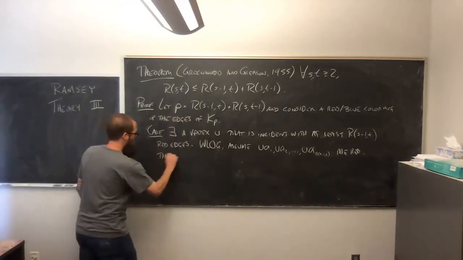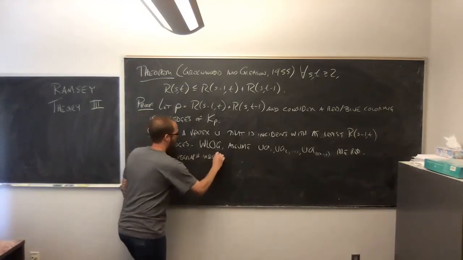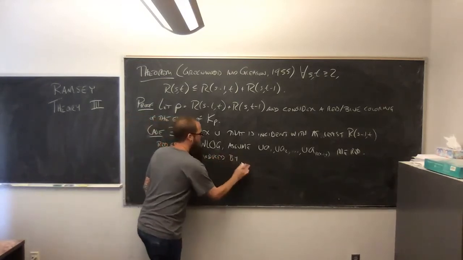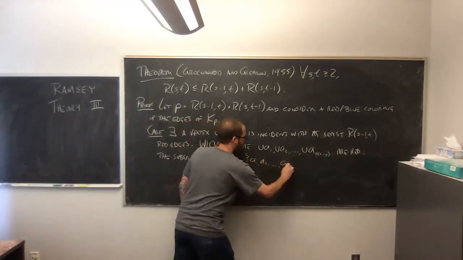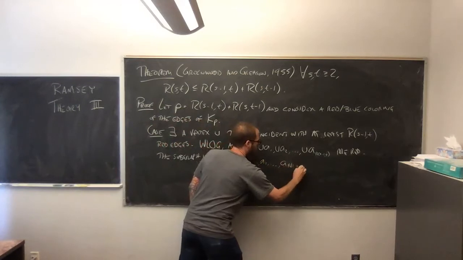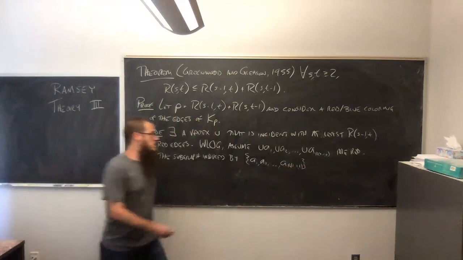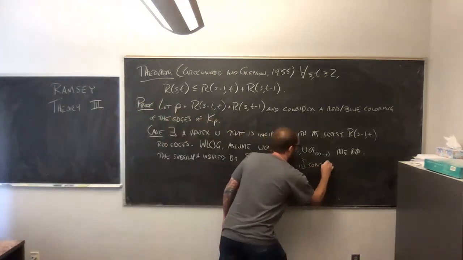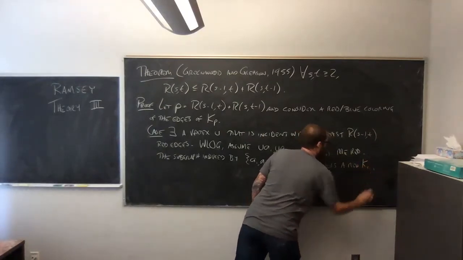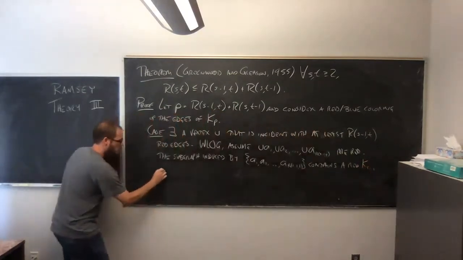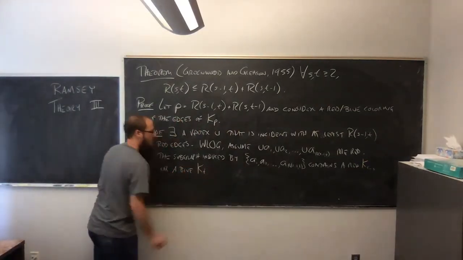So let me make that a little more concrete here. The subgraph induced by the set A1, A2 down to A sub R(S minus 1, T) contains a red K_(S minus 1) or a blue K_T.